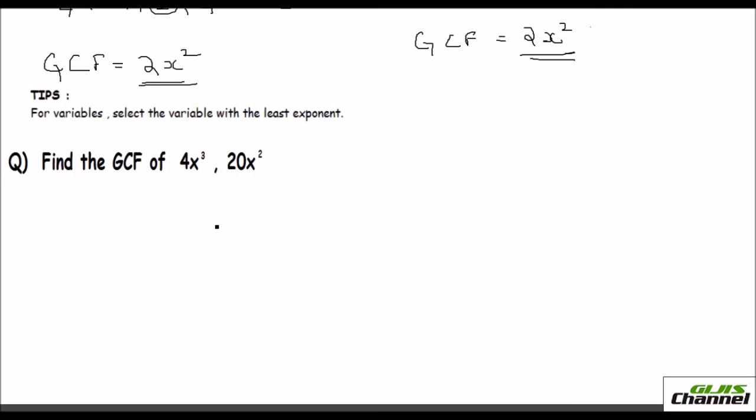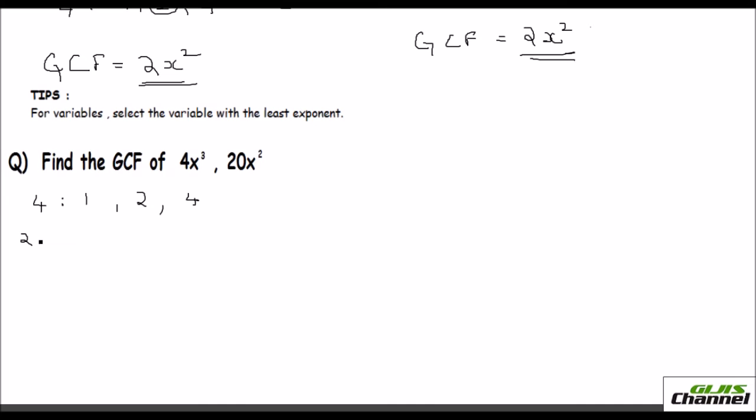Here I have taken another example where you have two different exponents, okay? Let us do both ways. First I am going to write the factors of 4. So the factors of 4 are 1 times 4 and 2 times 2, right? So 1, 2, 4 are the factors of 4.